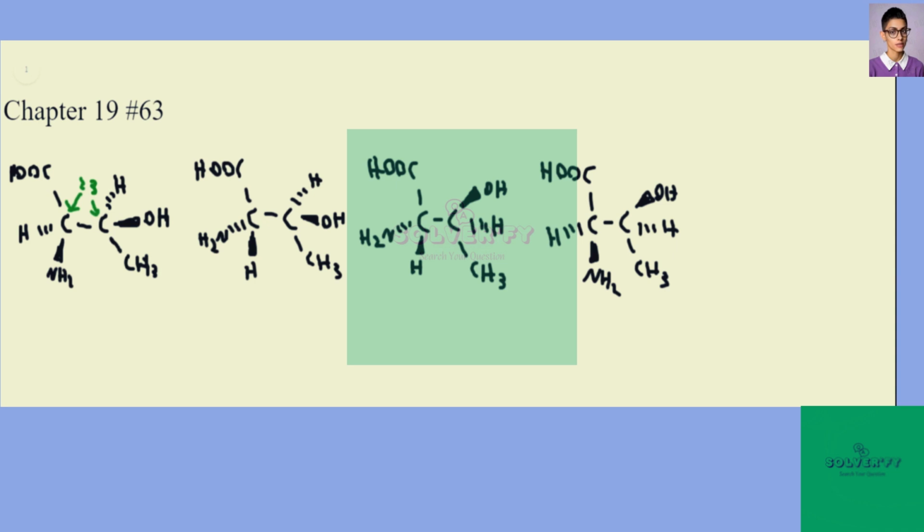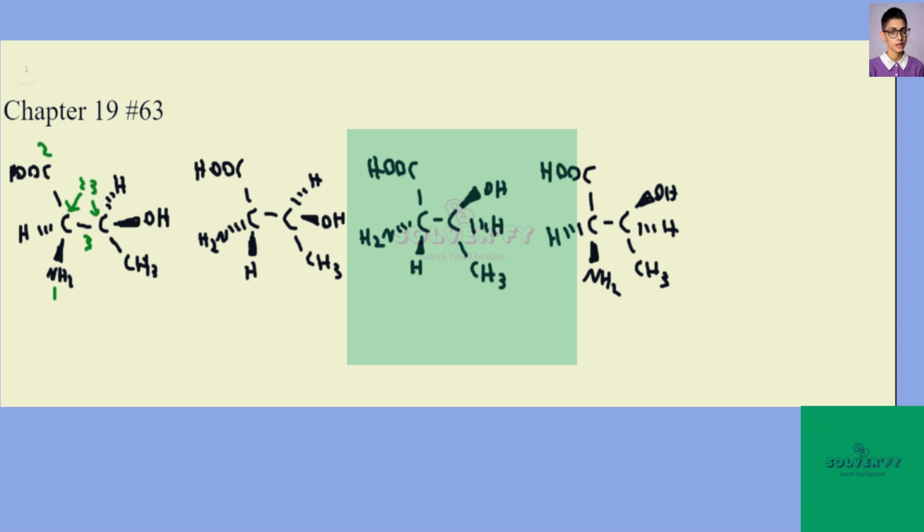Remember, to assign R and S stereochemistry, you want the hydrogen, or the lowest priority substituent, on the dash. Then you start at the highest and go in order of priority connectivity. For this first molecule, at carbon 2, the amine would be top priority, the carbon with an oxygen would be second priority, and the carbon-carbon bond to carbon 3 would be third priority.